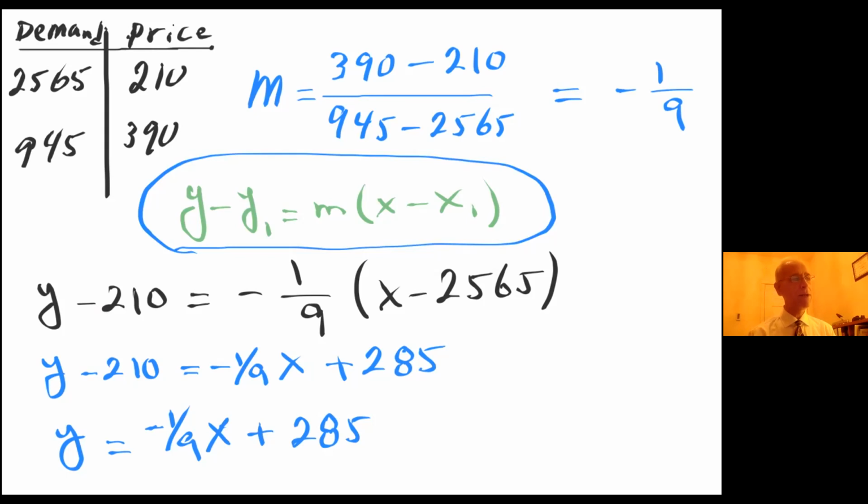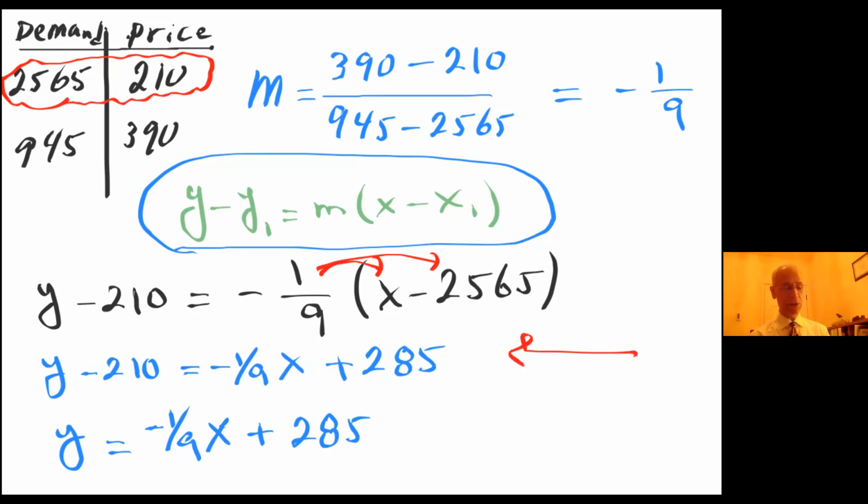So y minus 210, using the first coordinate point, equals -1/9 times x minus 2,565. Now if I distribute the -1/9, I get this.